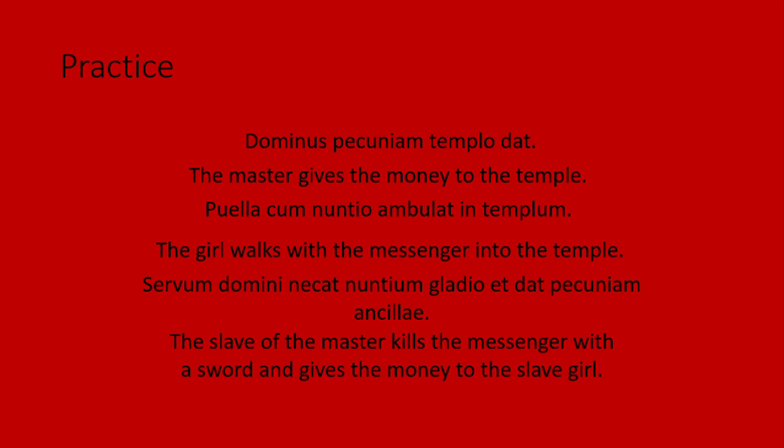We have gladio in the ablative case to show it's the instrument, and we have ancillae in the dative case to show that it is the indirect object. Well done if you got that last one.